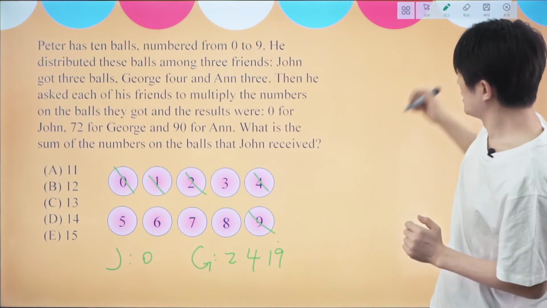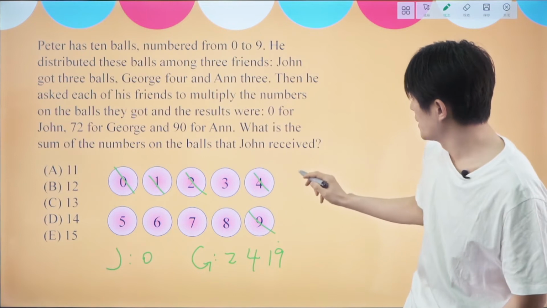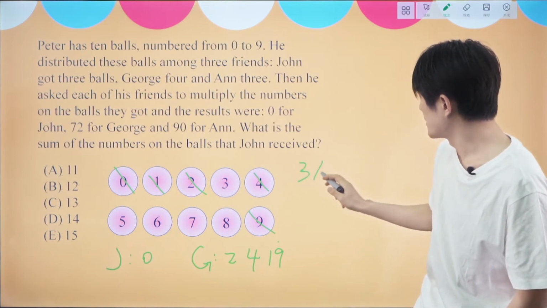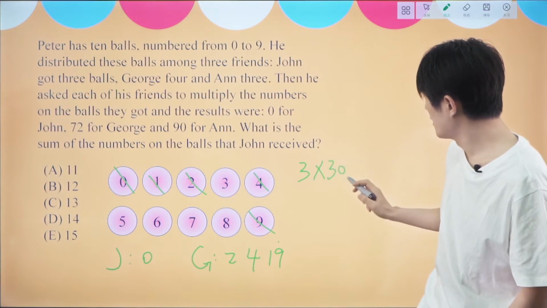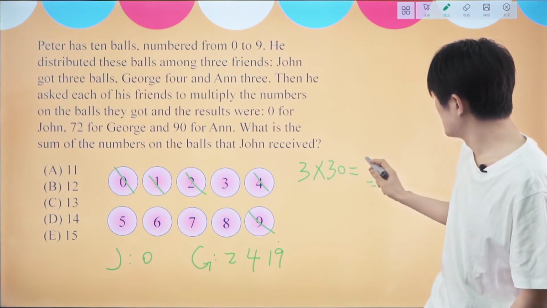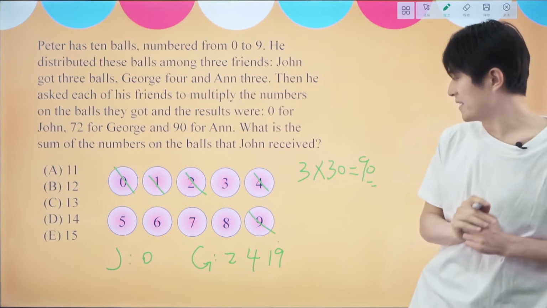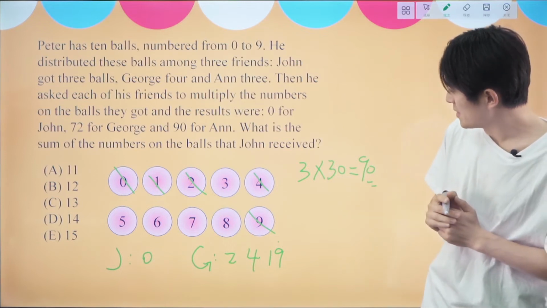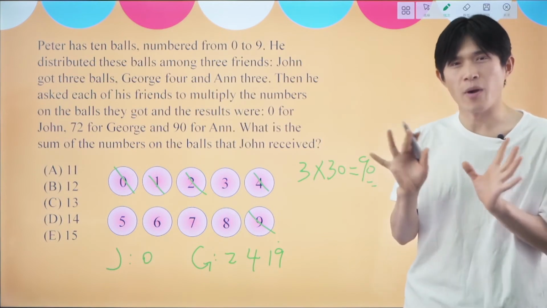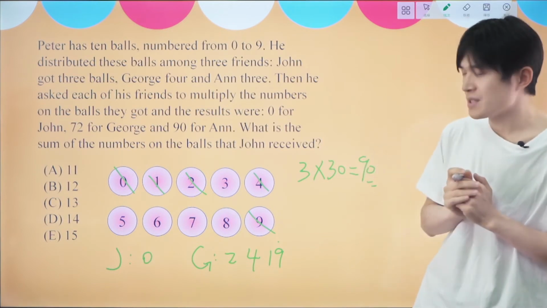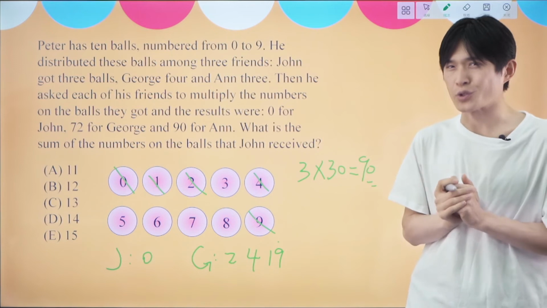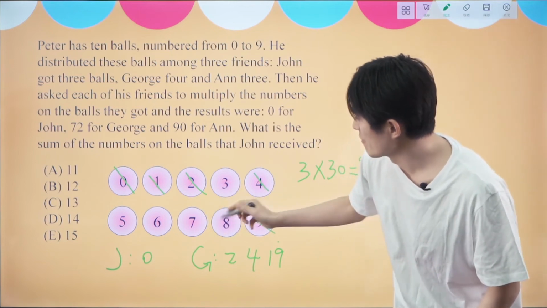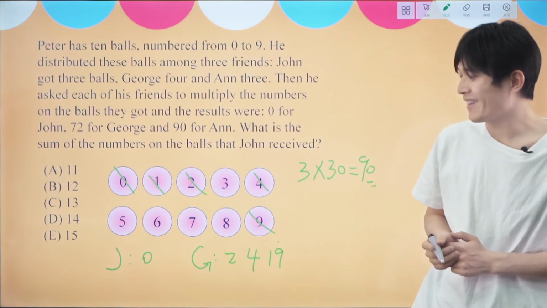Okay, so here we go. We can try this. So 3 times 30 is 90. And we have 3. So which two numbers, when you multiply them, give 30? What are those two numbers? So we have 5, 6, 7, 8.